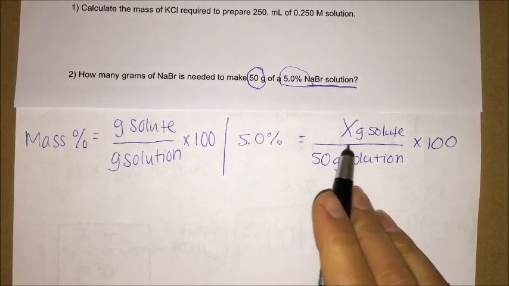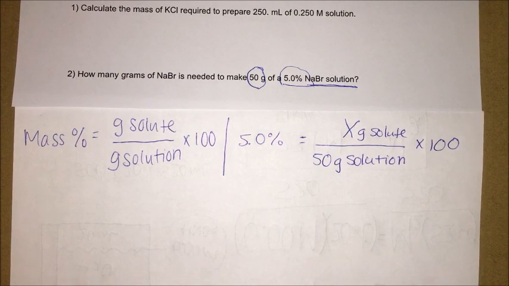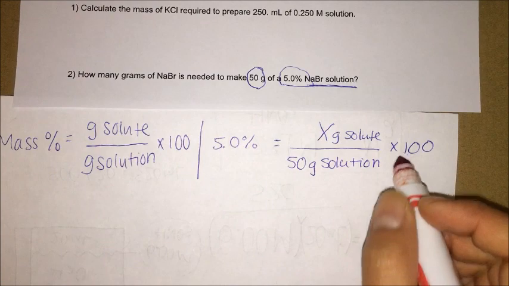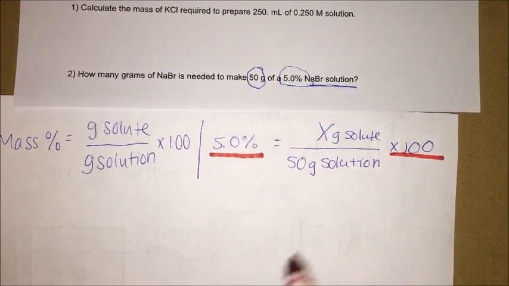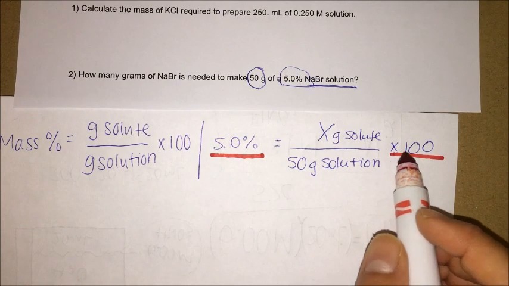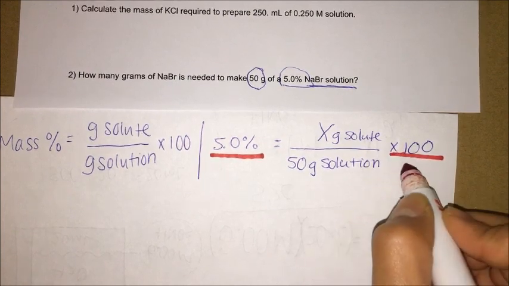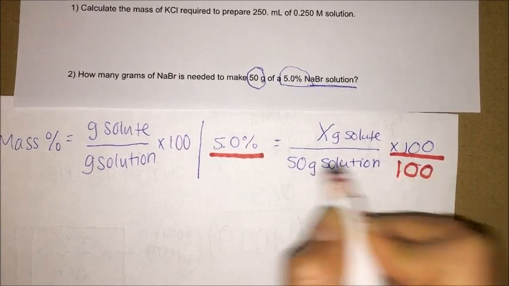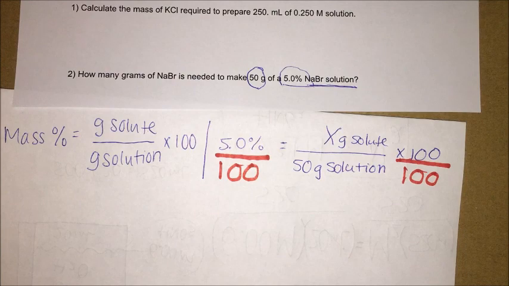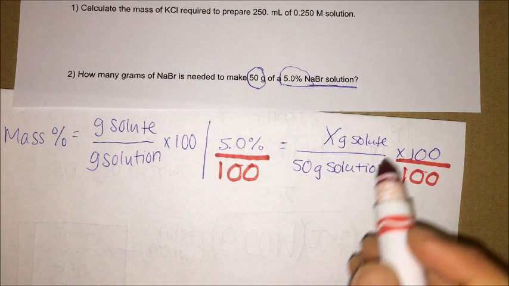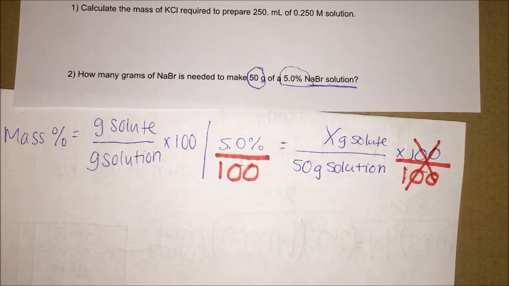To solve for X, we can divide both sides by 100 to get rid of the 100. The reason why we divide is that right now we are multiplying by 100, so if we divide by 100, we can cancel out this 100 right here.